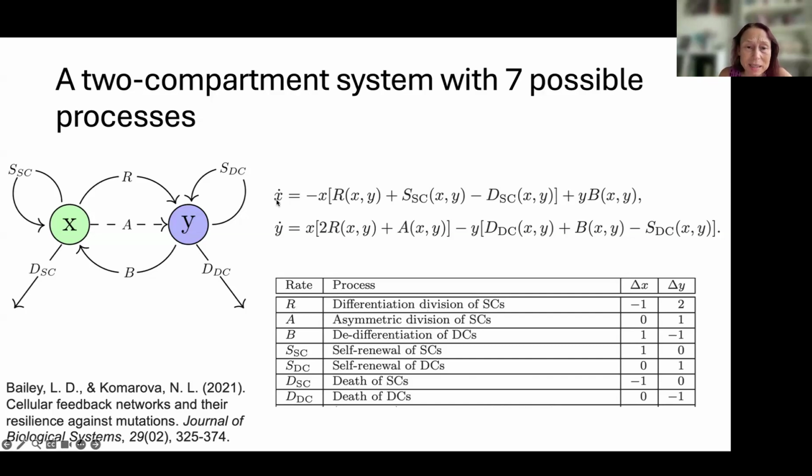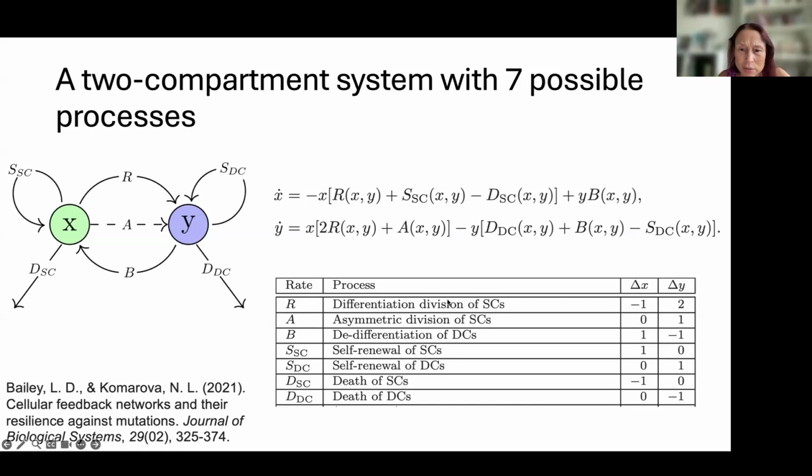When a stem cell divides and differentiates, the number of stem cells decreases by 1, because a cell splits into 2, but these 2 have different properties. X splits into 2 Ys. So the number of X's decreases by 1, but the number of Ys increases by 2. So X decreases at the rate R, but at the same time Y increases by the rate R times 2, because 2 of these cells come here. From here, 1 is subtracted, and here 2 appear. Okay, so that's differentiation divisions.